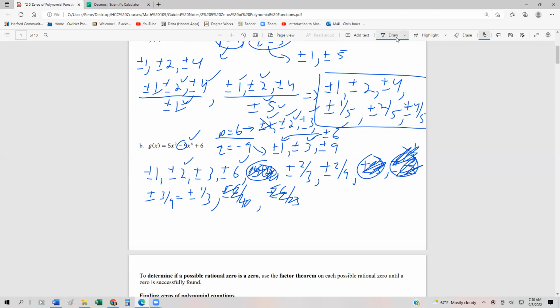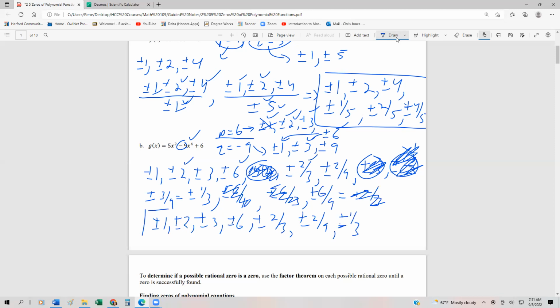And then finally, we have plus minus 6 over 9, which would be plus minus 2/3, which we already have as well. And so the possible rational zeros, we would just take the ones that are left over, and we have plus minus 1, plus minus 2, plus minus 3, plus minus 6, plus minus 2/3, plus minus 2/9, and plus minus 1/3.